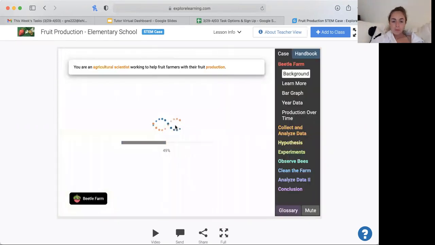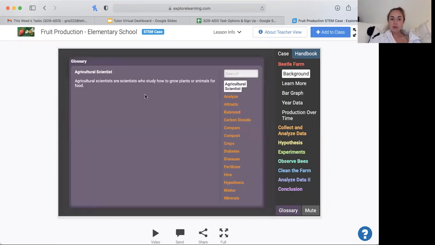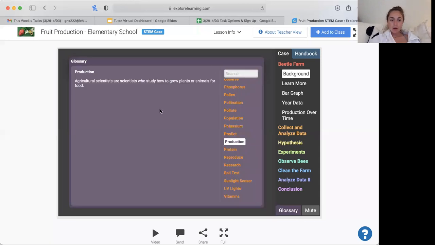So it says you are an agricultural scientist working to help fruit farmers with their fruit production. Agricultural scientists are scientists who study how to grow plants or animals for food. Production is how much is produced, so agricultural scientists study how those are being produced.